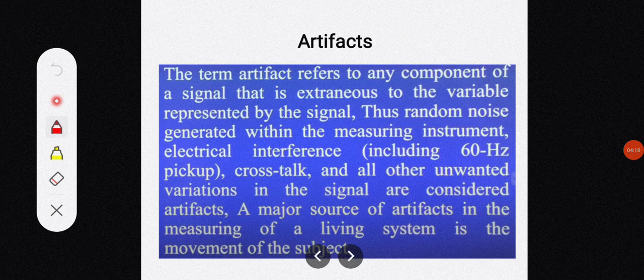The variable will therefore not be in its actual form, and the output that we will get will not be the desired one. So this is how artifacts introduce problems in measuring a living system.